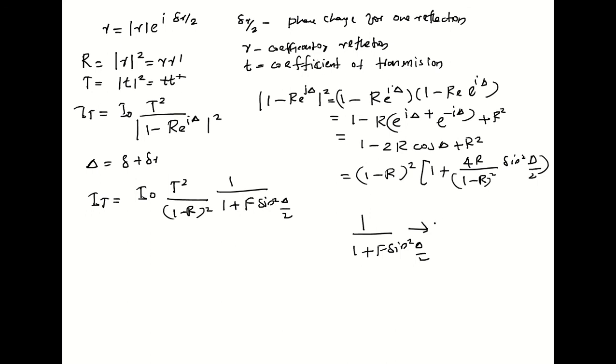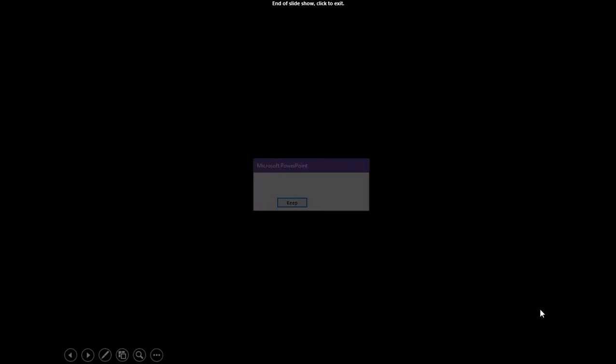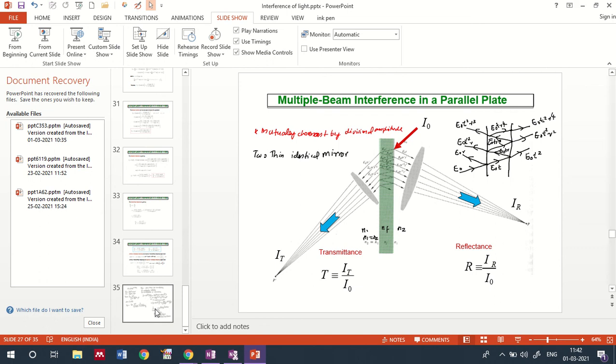This term is called the Airy function, where F is equal to 4R divided by (1 minus R) whole squared, which is called the coefficient of fineness.